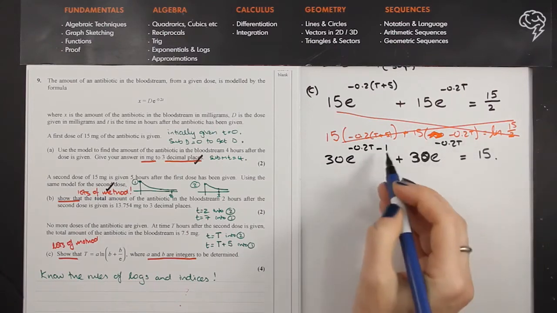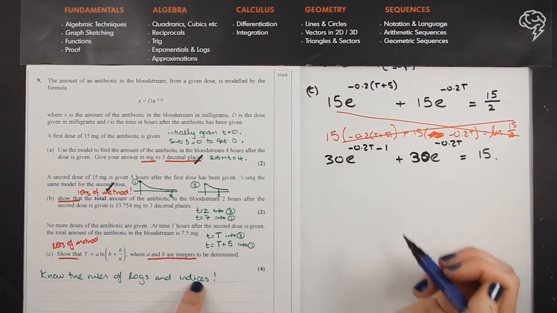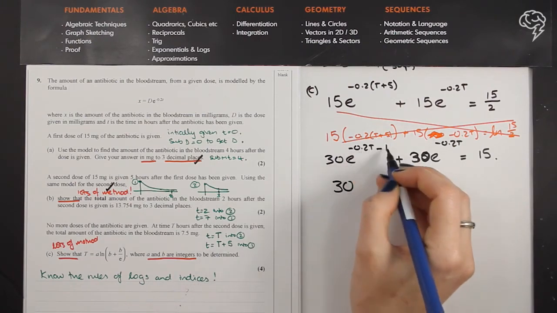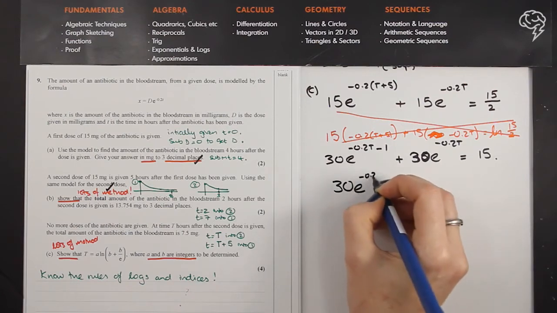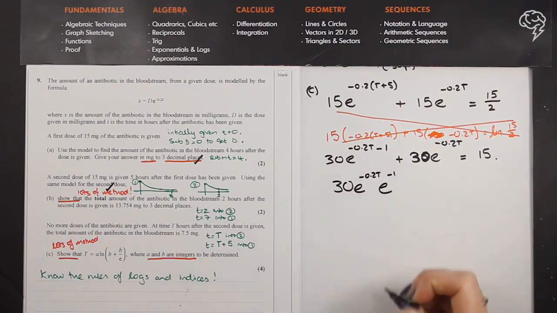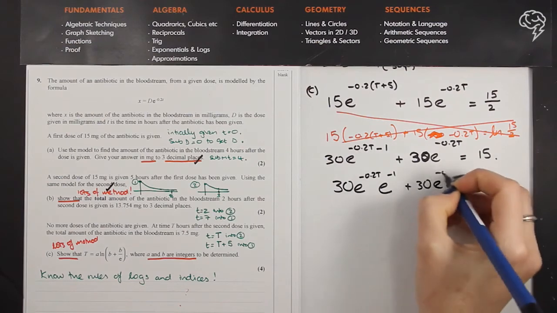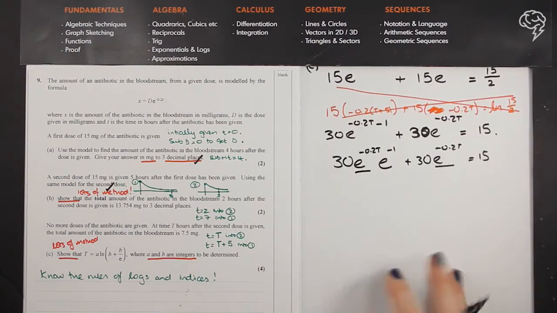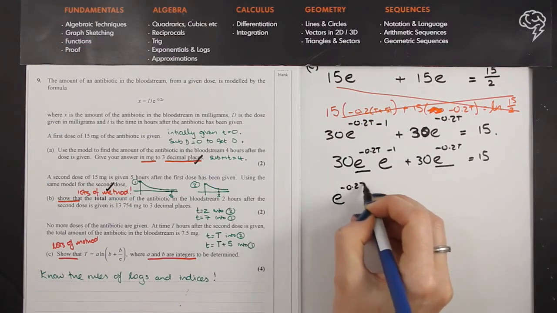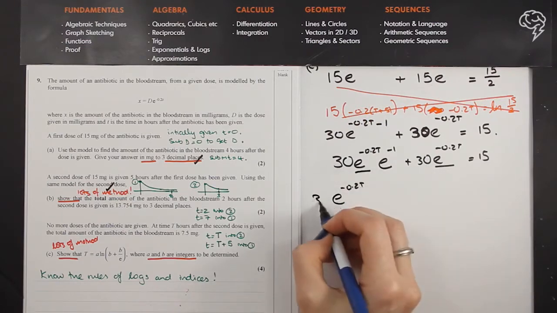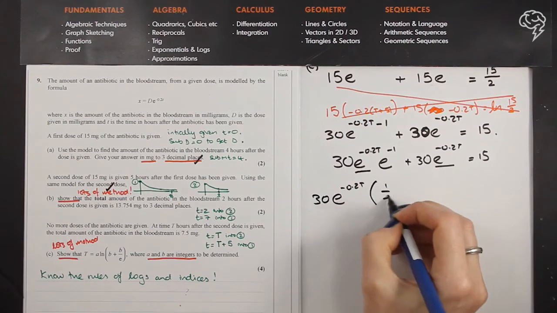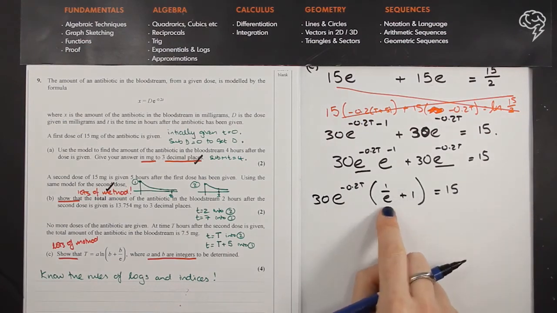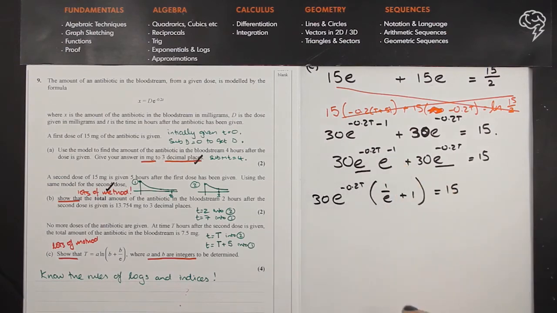Okay, now I'm going to use the rules of indices that you would need to know, and I'm going to write e to the a plus b as e to the first thing times e to the second thing. And now I've got a common factor of e to the 0.2t, which I'm going to pull out. Actually, I've got 30 as well. I'll pull that out as well. And I wrote 1 over e instead of e to the minus 1 just because I prefer it.